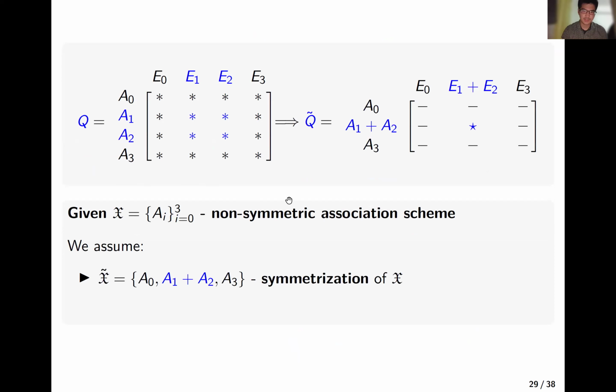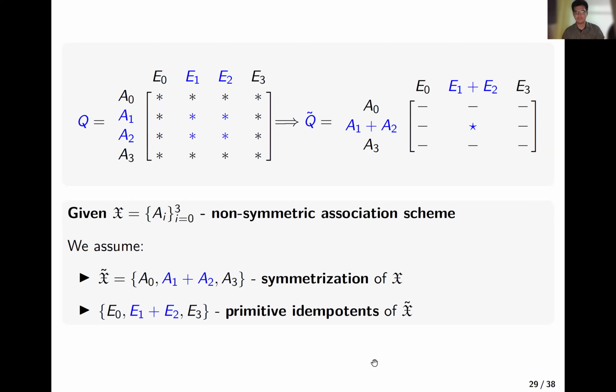And we're just going to assert that these are E1 and E2. So we're just fixing an ordering so that A1 and A2 are the ones that add together, and E1 and E2 are the idempotents that add together. Again, there's no loss of generality. We can just order things so that A1 and A2, and E1 and E2 are the ones that pair together.